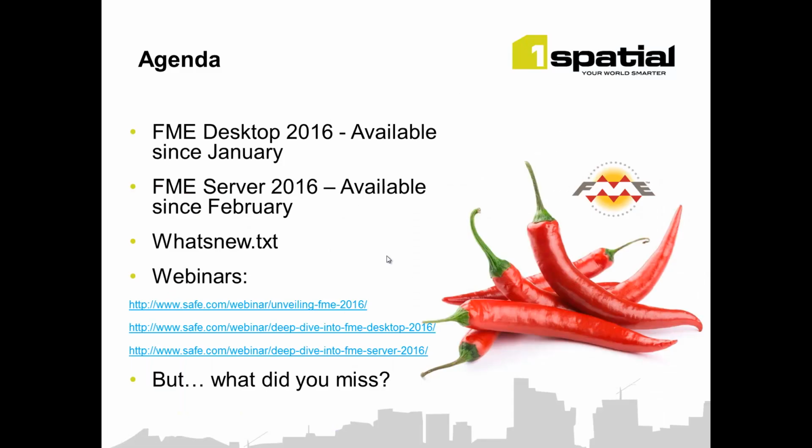So, just to review, FME2016 desktop has been available since January, and it was actually a staggered release. 2016 server was launched in February, so if you downloaded the initial FME desktop installer straight away, you probably want to download the latest build, because when server was released, they launched a small dot release of FME desktop.